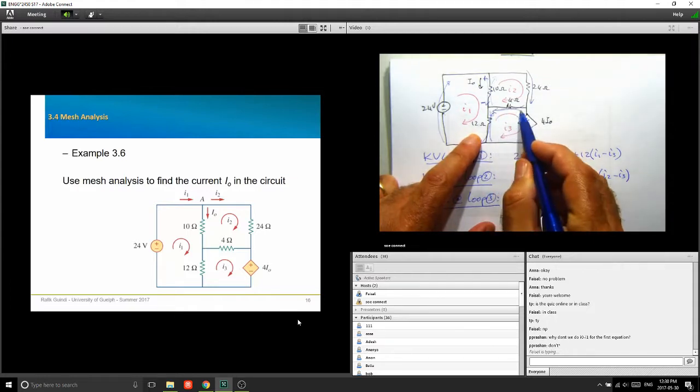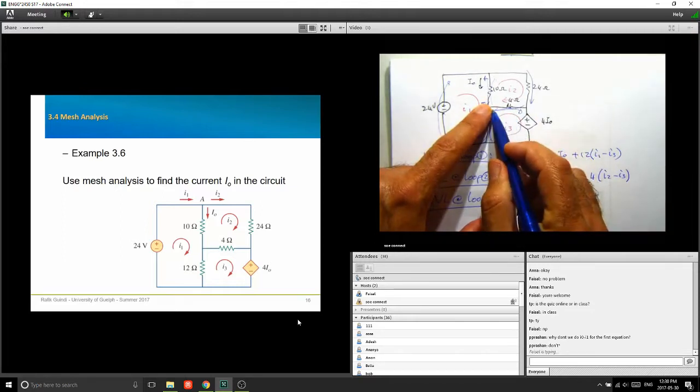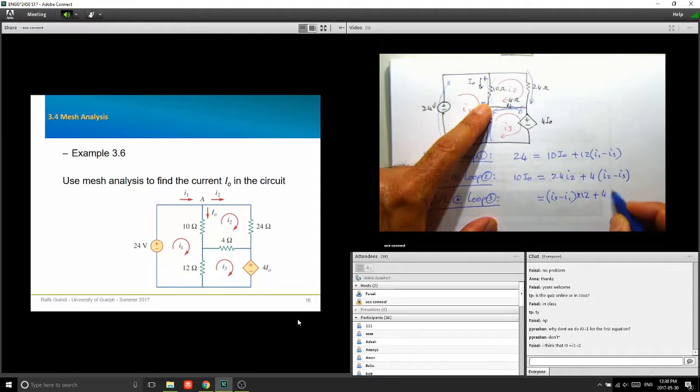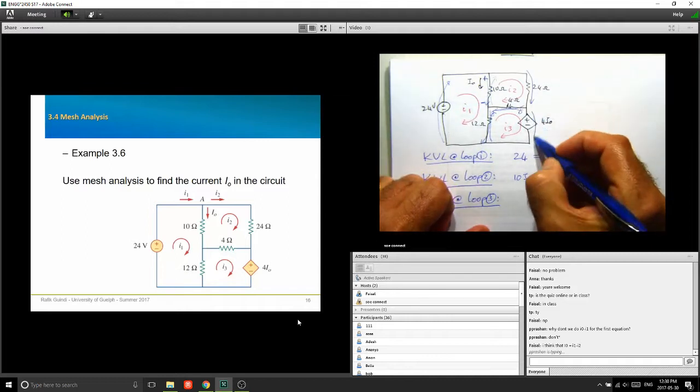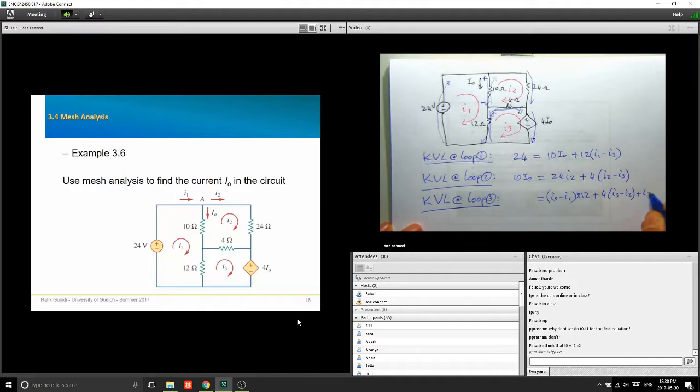And then from here to here, that's to be a drop. That's 4 times, if you're going like that, that's in line with I3 and opposite I2. It's 4 (I3 minus I2). And then last element, you go like that, that's again a drop of 4 I naught. So this is equal to 0.